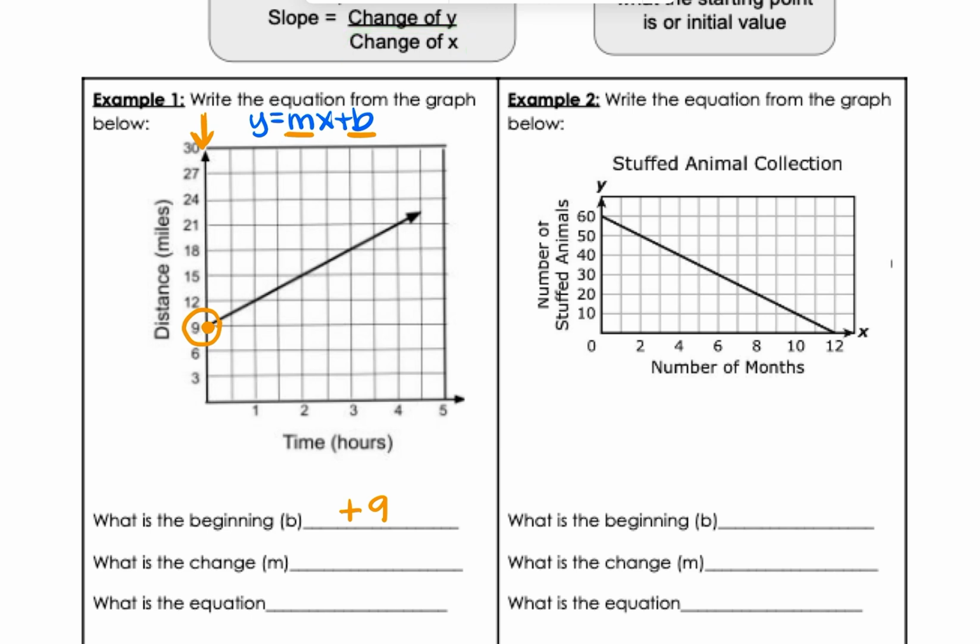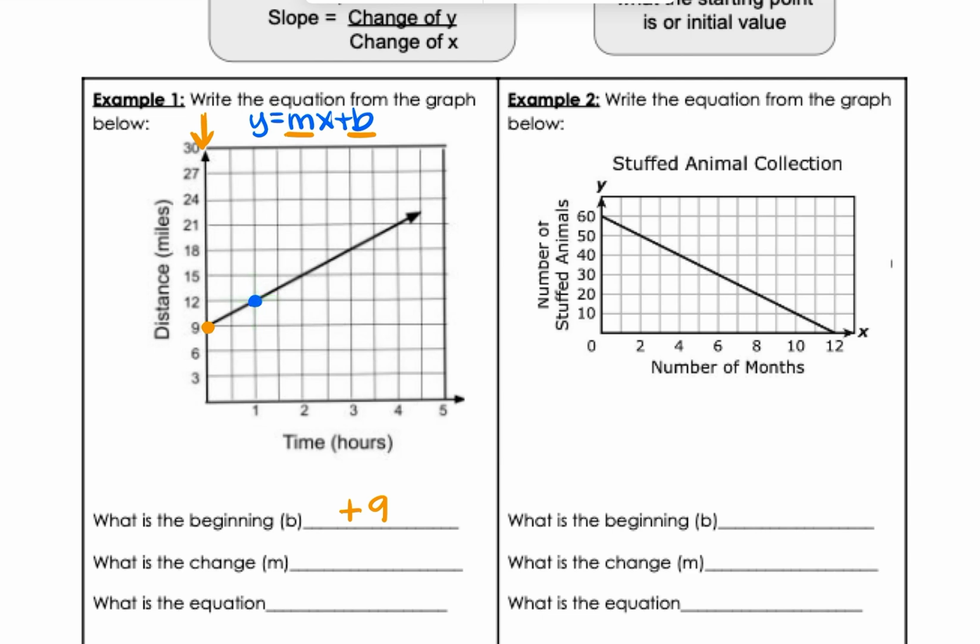I'm going to erase my circle here, and I'm going to pick a different point. So I have my starting point, and then I can't pick a point like this because it's floating. Remember, we talked about this is a floating point, so we need to go to where it makes a plus sign, and there you can see I'm going to pick a nice point that falls, again, right in the middle of a plus sign on the grid.